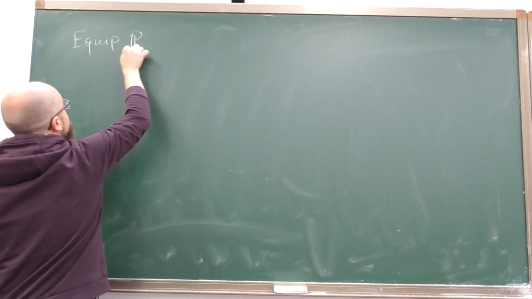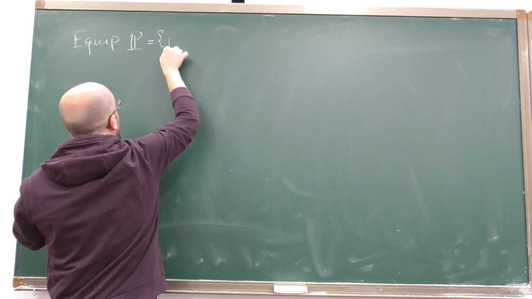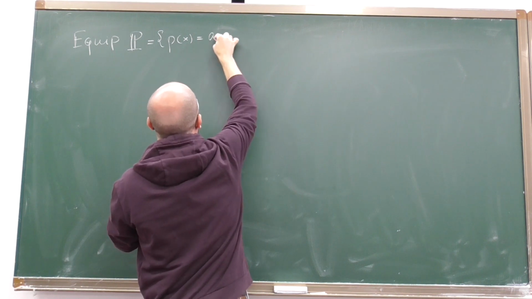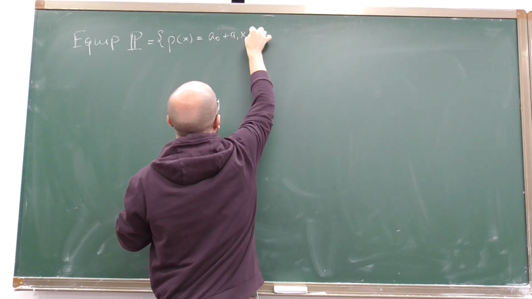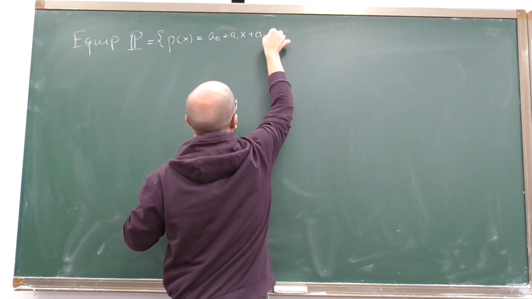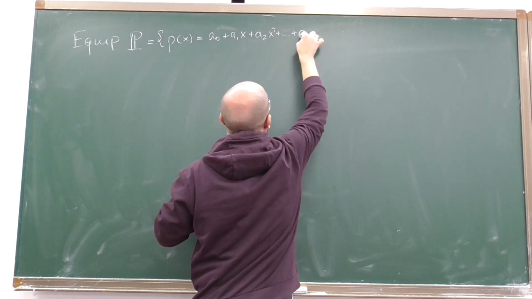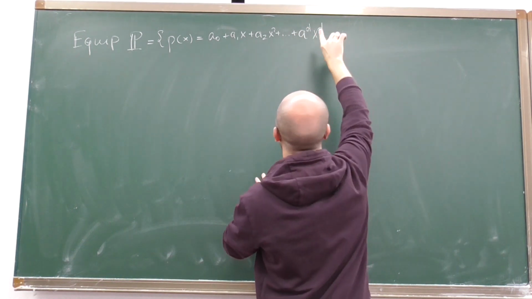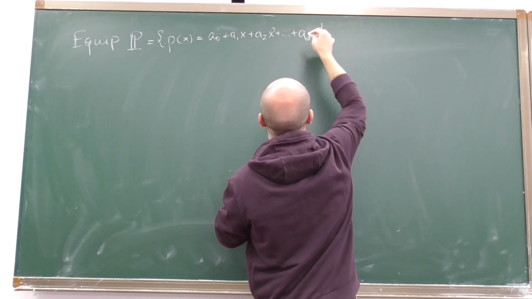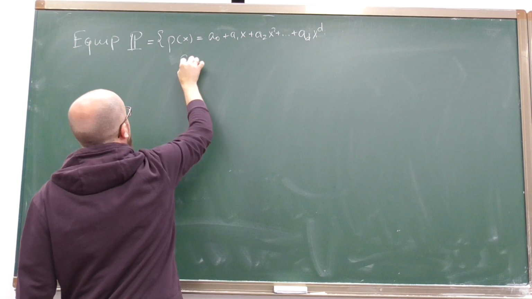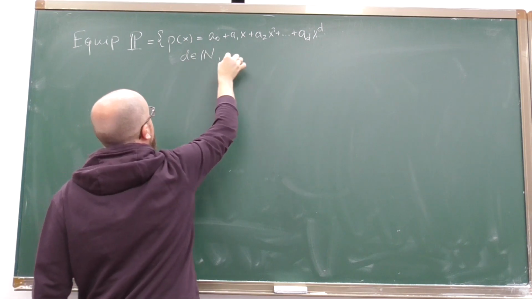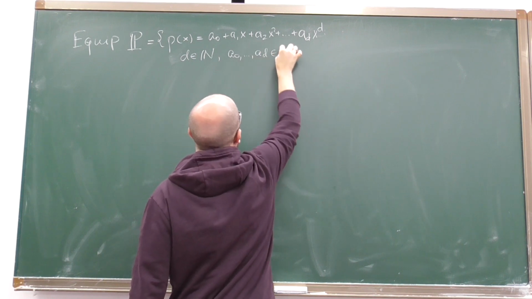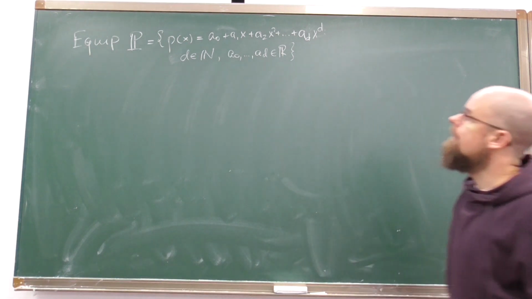This set P of all polynomials of a single variable of the form a0 plus a1 x plus a2 x squared plus and so on up to a_d x to the power of d, for d in N and a0, ..., a_d real numbers.